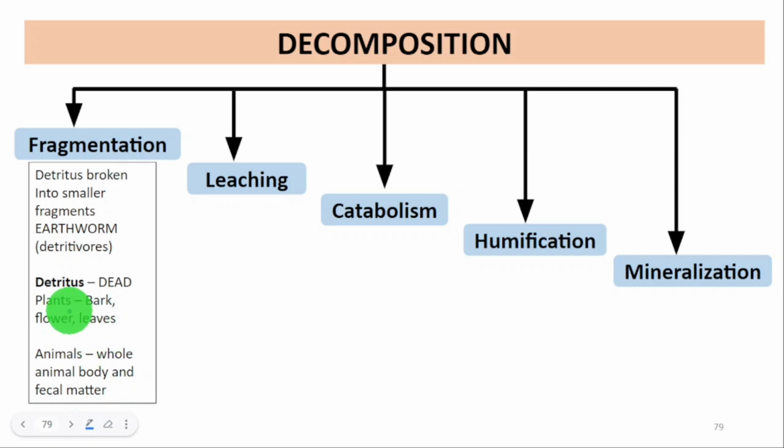So detritus is the matter on which detritivores act. Mainly the earthworm comes in this category of detritivores. So it helps to break down a big piece into smaller pieces, physically smaller pieces. Okay. So this is fragmentation.